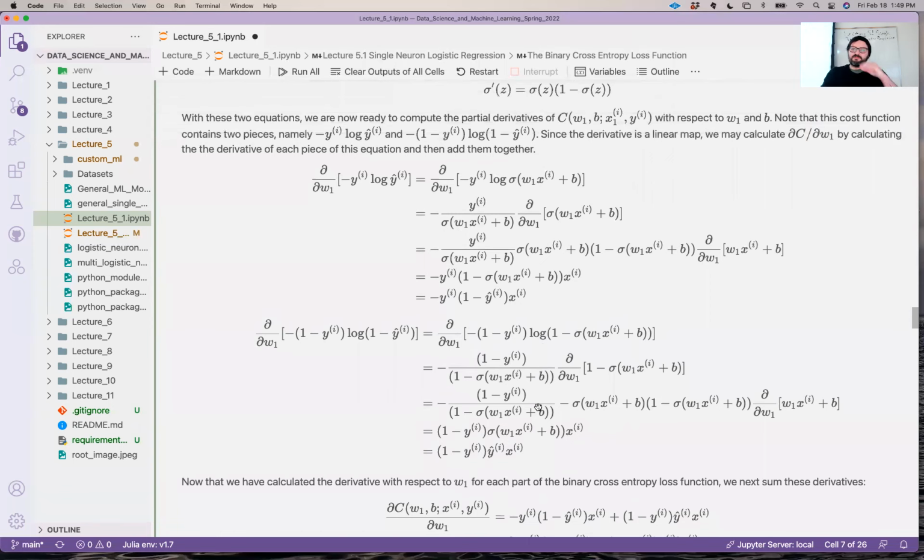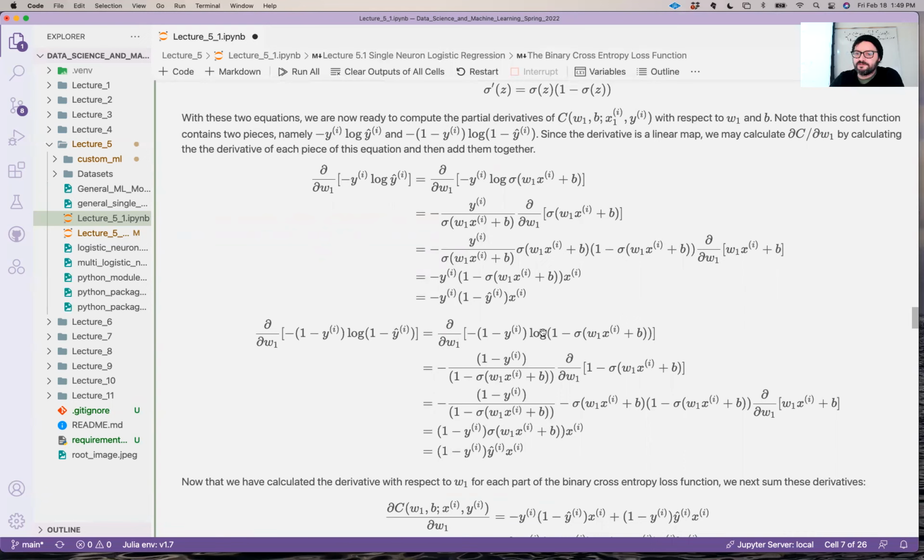Okay, so now we have to do the same thing with the second part. I apply the derivative on the second piece. Again, the negative 1 minus yi is just like a constant, divided by the inside of the log.